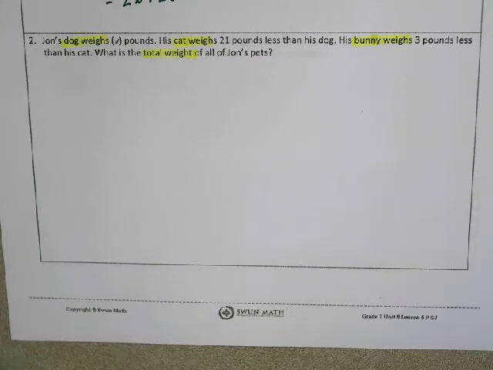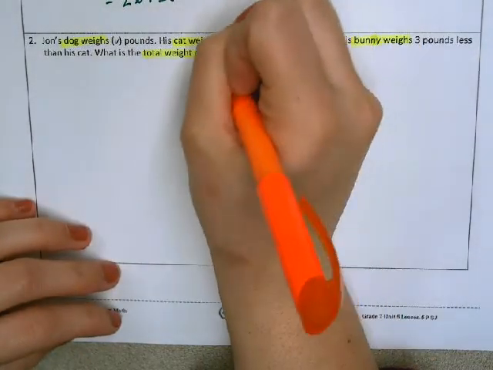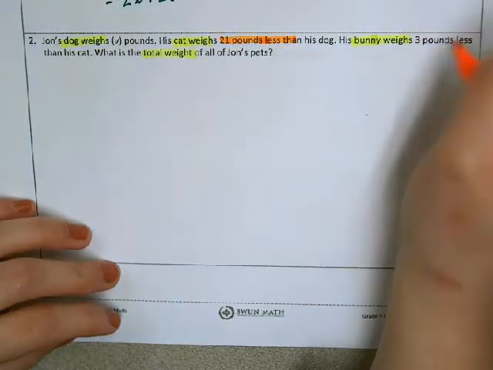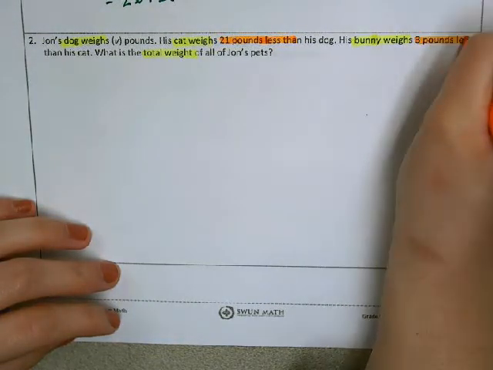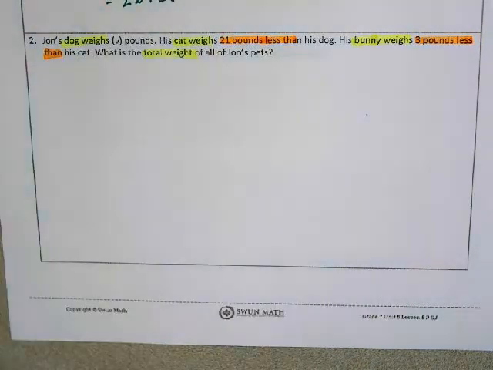Then I'm going to go in and figure out my key numbers with my orange. So I have V pounds, 21 pounds less than, and 3 pounds less than. And this is just going to help me to write out the expressions for each weight of an animal.